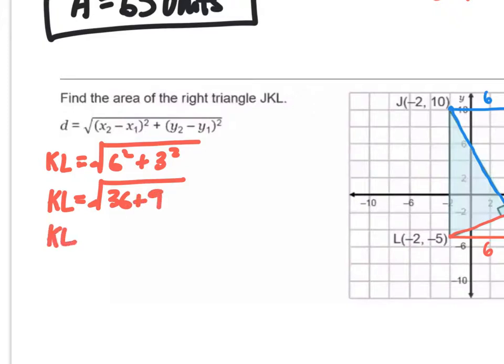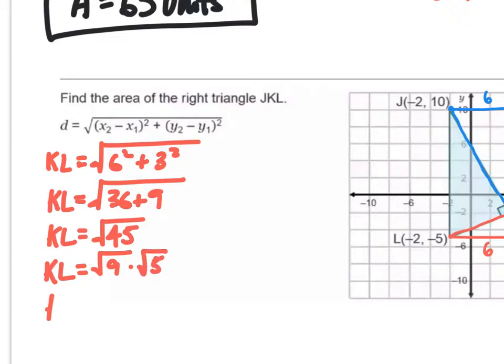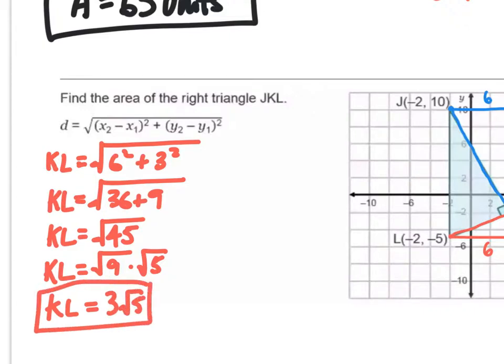So then KL is going to equal the square root of 45. This can be simplified into the square root of 9 times the square root of 5. So then I know that KL is equal to 3 times the square root of 5, and we're just going to leave it like that.